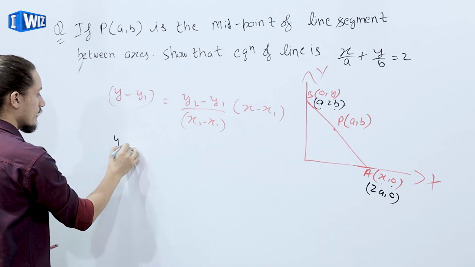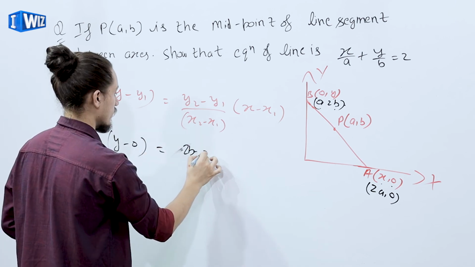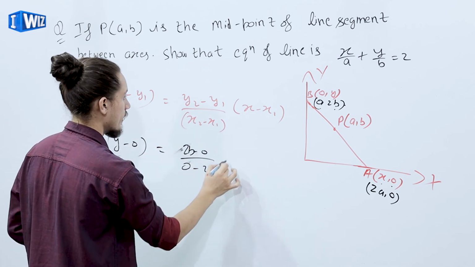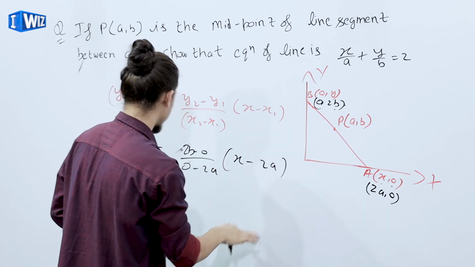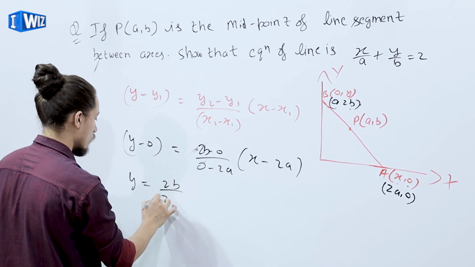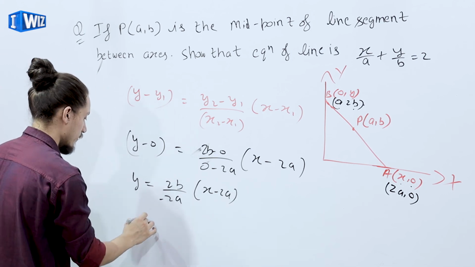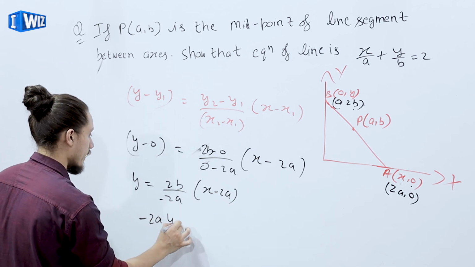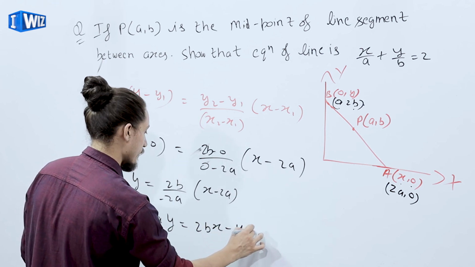So we get y minus y1 is 0, which is equal to 2b minus 0 upon 0 minus 2a, and x minus x1 is 2a. So we get y is equal to 2b upon minus 2a into x minus 2a. Cross multiply, we get minus 2a into y is equal to 2b x minus 4ab.